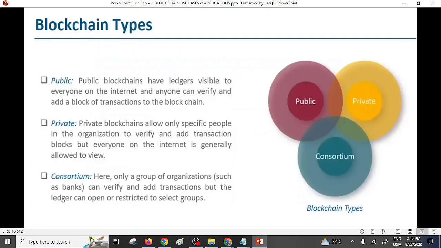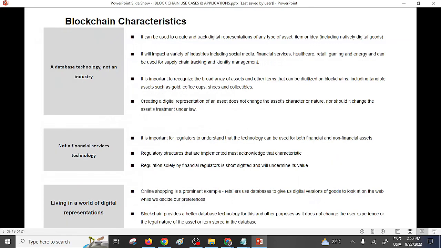When you have these two or three combined together, then we can have the third one, which is not mentioned here, and that is the hybrid blockchain type. So should someone ask you to explain the different types of blockchain, you should be in a position to do that.